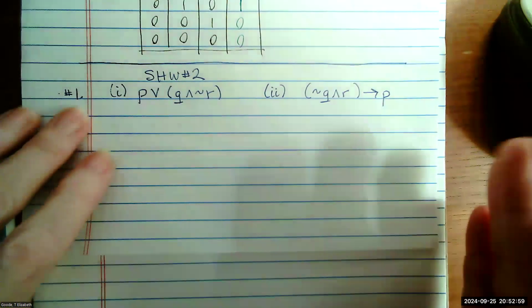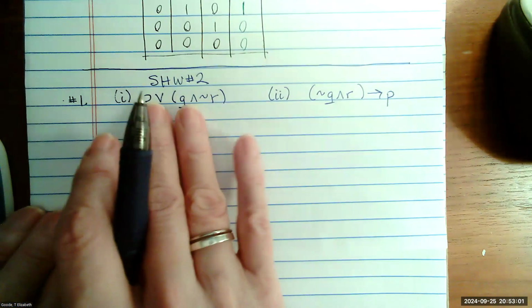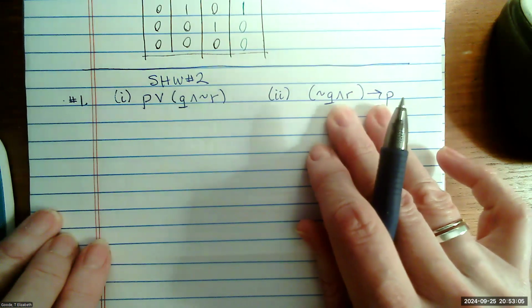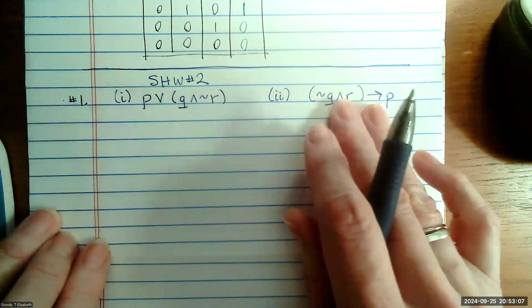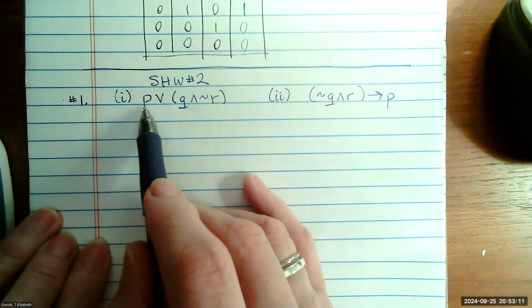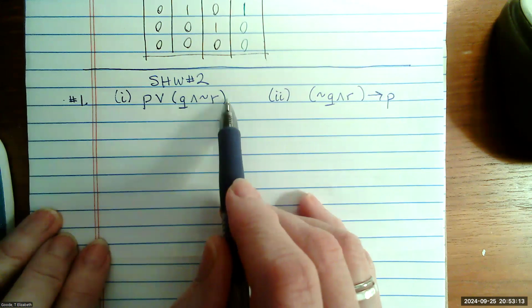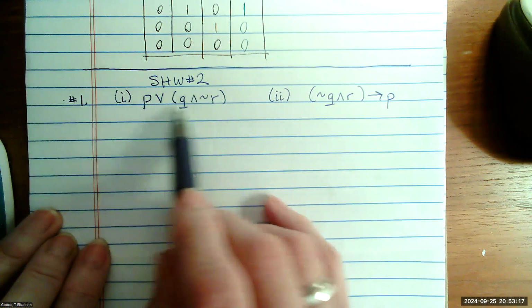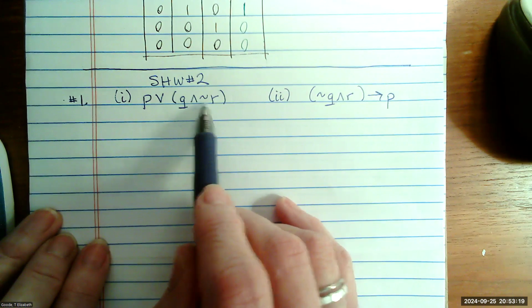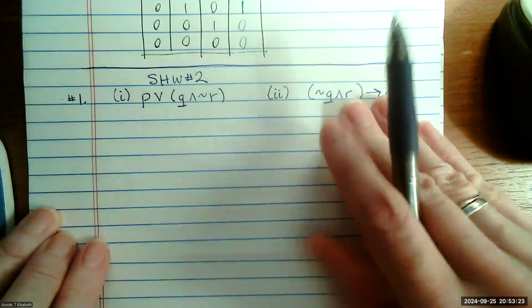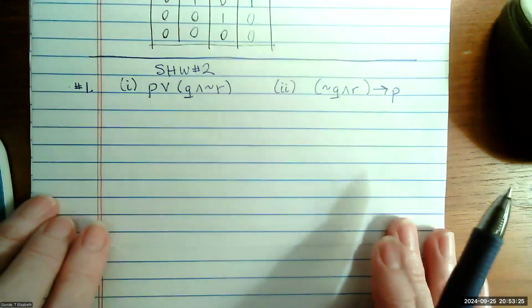The point is, when we make the truth table and look at the column for this expression and compare it to the column that we get for this expression, if those columns are identical, that means no matter what we substitute in for P and Q and R, these are statements, remember, so they could be true or false. It means no matter what statements we substitute in for P, Q, and R, as long as we're substituting in the same statements here as we do here, these will evaluate to the same truth value.